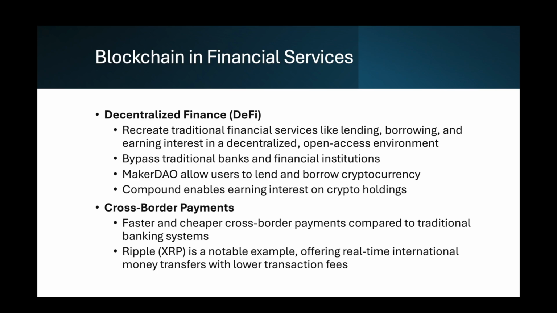For example, platforms like MakerDAO allow users to lend and borrow cryptocurrency, while Compound enables earning interest on crypto holdings. Cross-border payments. Blockchain facilitates faster and cheaper cross-border payments compared to traditional banking systems. Ripple is a notable example, offering real-time international money transfers with lower transaction fees.